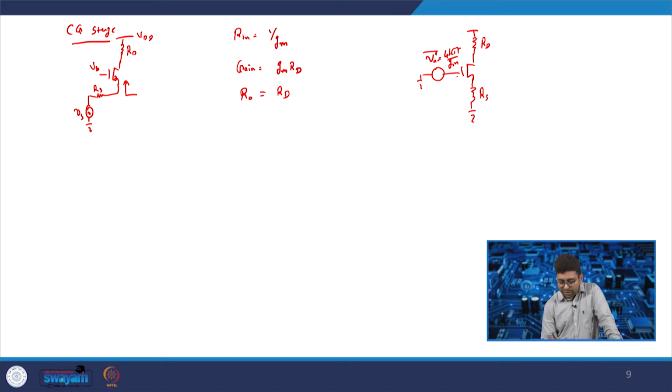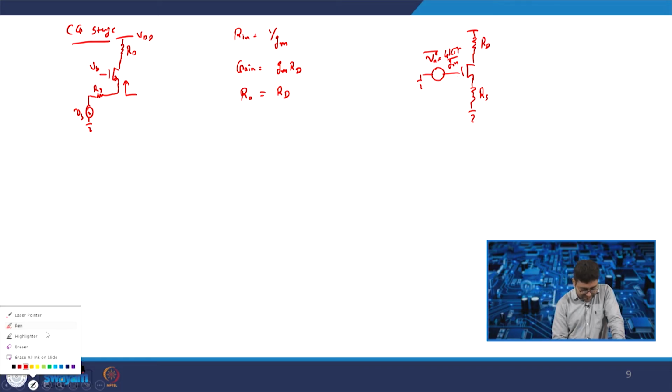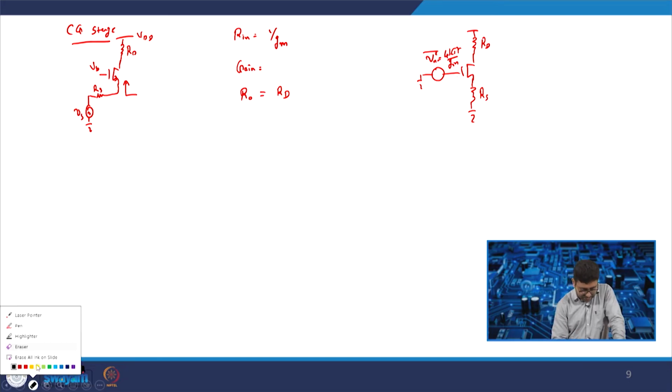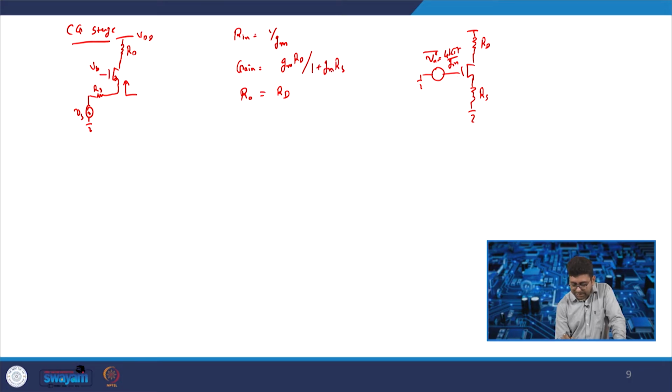If you try to see the thermal noise voltage generated by the MOSFET, it is 4 kT gamma by Gm. You can write the gain in that case as Gm Rd by 1 plus Gm into Rs, where Rs is a source resistance.